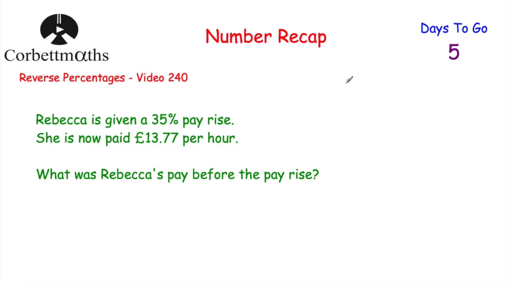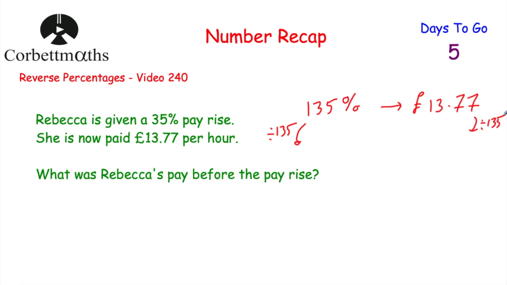So in terms of this question, we could approach it in a couple of ways. So one approach is, she's been given a 35% pay rise. So she would have had 100% to begin with. If you increase that by 35%, you would have 135%. And that's equal to, in this case, £13.77. Now we want to find what her pay was before the pay rise. That's 100%. So I would divide both of these by 135.